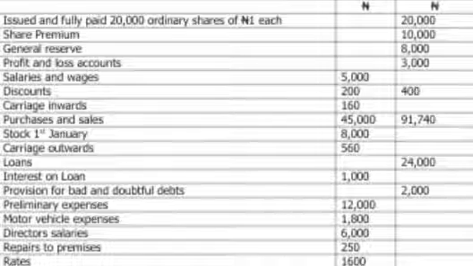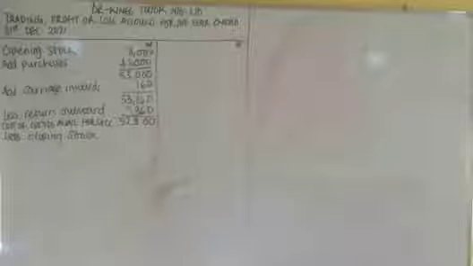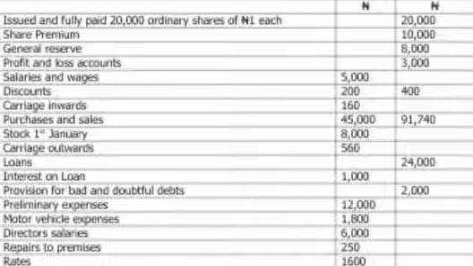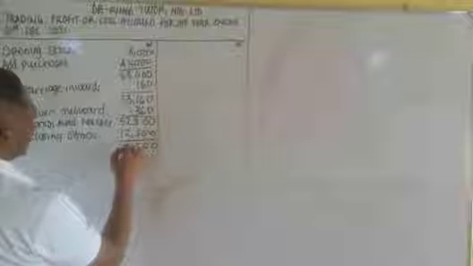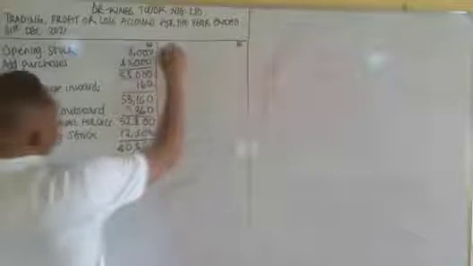And the closing stock is 12,500. So this will give us 40,300. Okay?